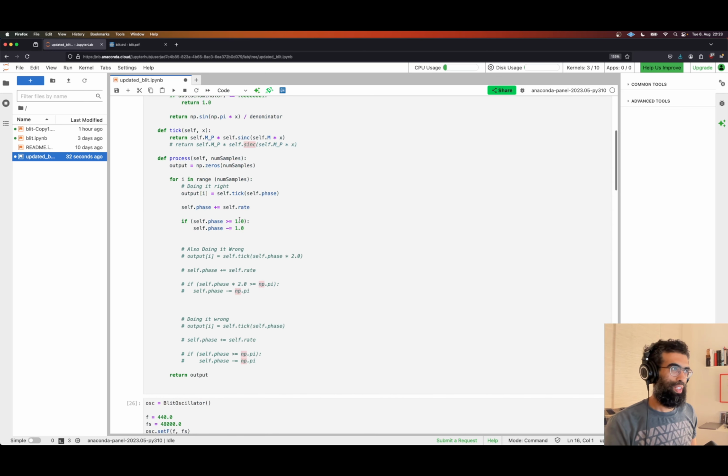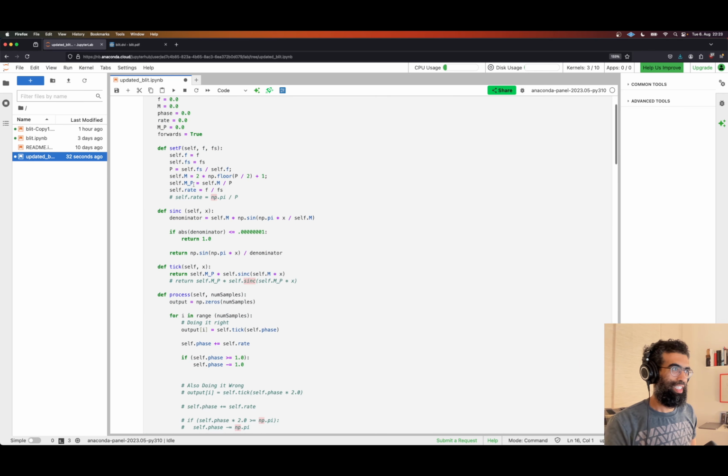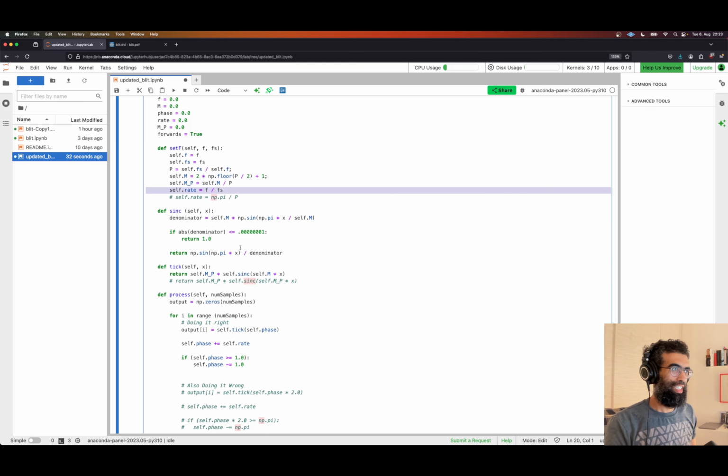Okay, so the rate, of course, would not be 1 divided by sample rate, because then changing the frequency would never change the rate of the oscillator, right? The rate is the frequency that we want, the fundamental frequency of the oscillator, divided by the sample rate. All right, great, got that cleared up.